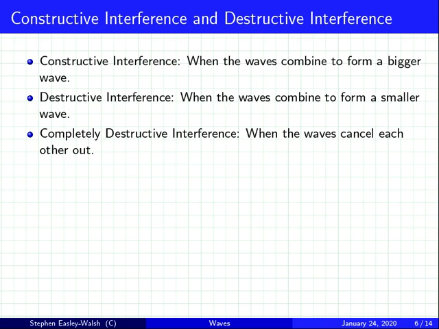What was the example? Yeah, the noise cancelling on the headphones. That's a good example. Now, completely destructive interference is very difficult to do, but in some situations it's possible. I think an airplane could be an example of completely destructive interference.